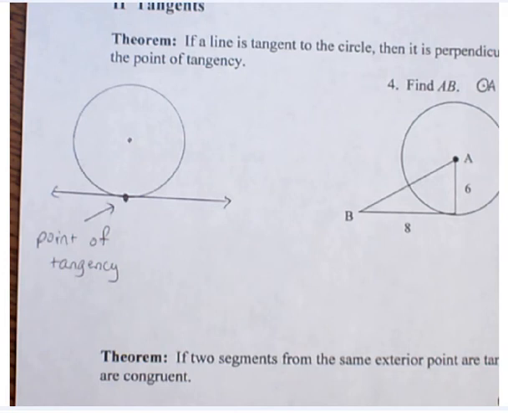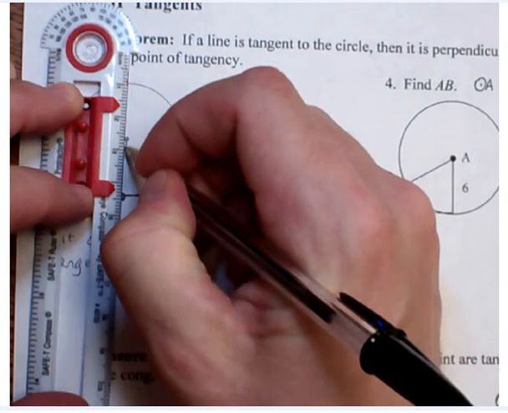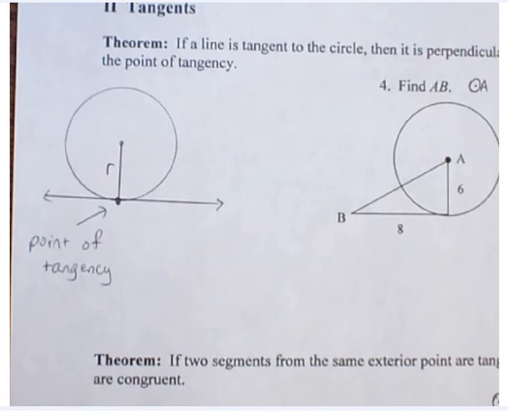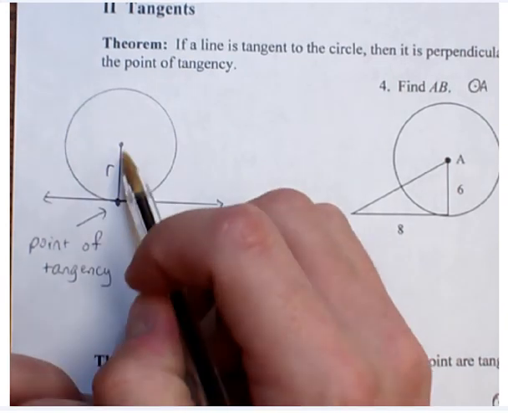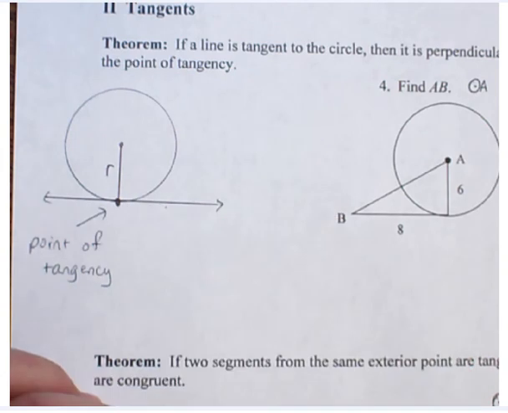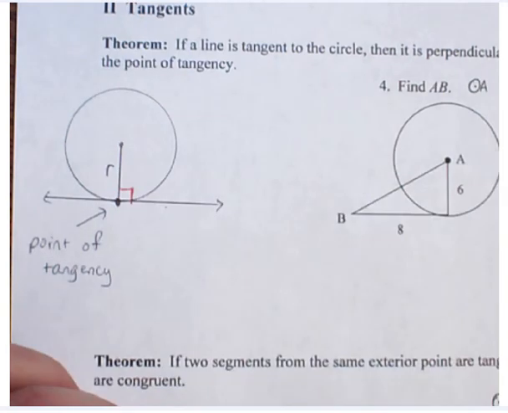Now, if we connect that to the center, we just created a radius. And if you eyeball this, what would you guess about the relationship, the angle measure that gets created by the radius and the tangent? Now, it certainly looks like 90 degrees, and as a matter of fact, it is 90 degrees. That's always going to be true.